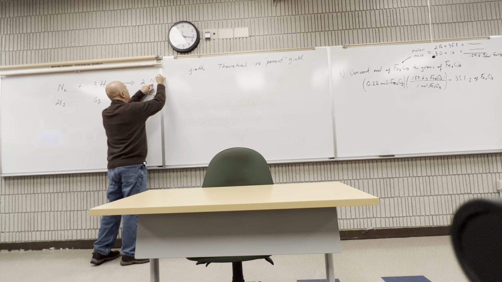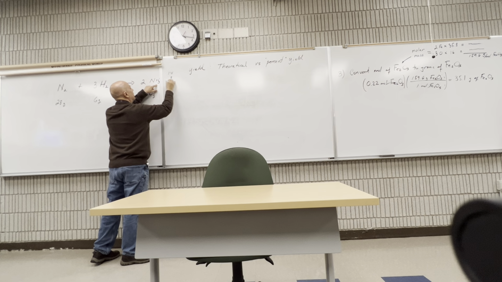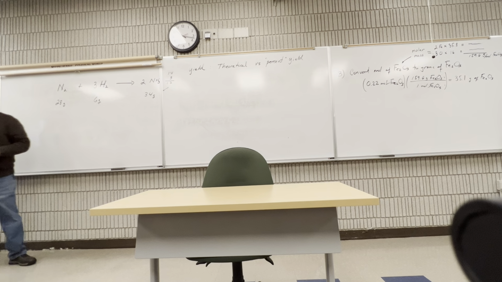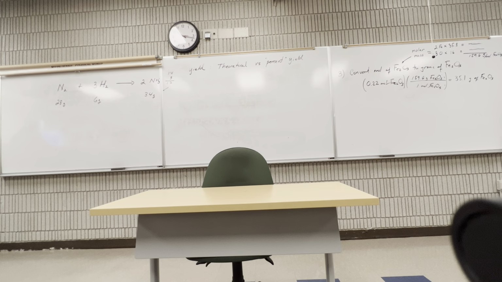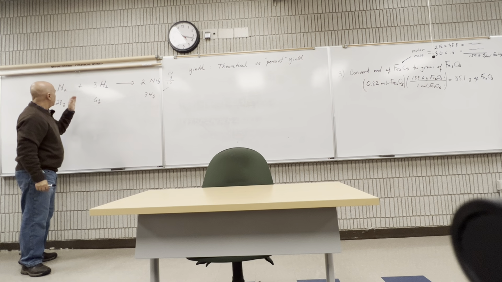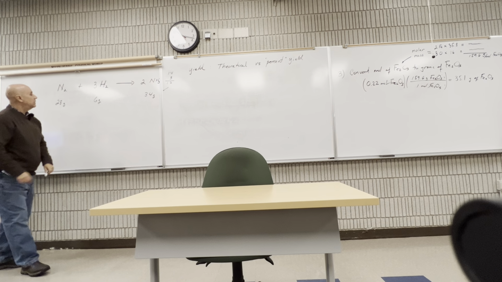So the molar mass of this is 14. There's only 1. That is 1 times 3 is 3. That is 17 times 2, 34. So if everything works okay and we have no leftover and the conditions are right, we are going to make 34 grams of ammonia from 28 grams of nitrogen and 6 grams of hydrogen.